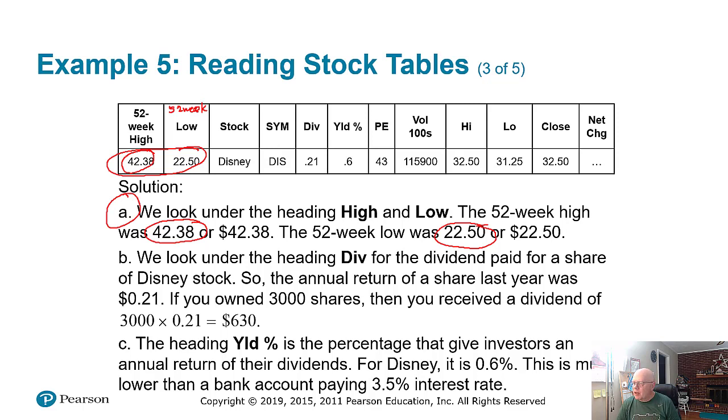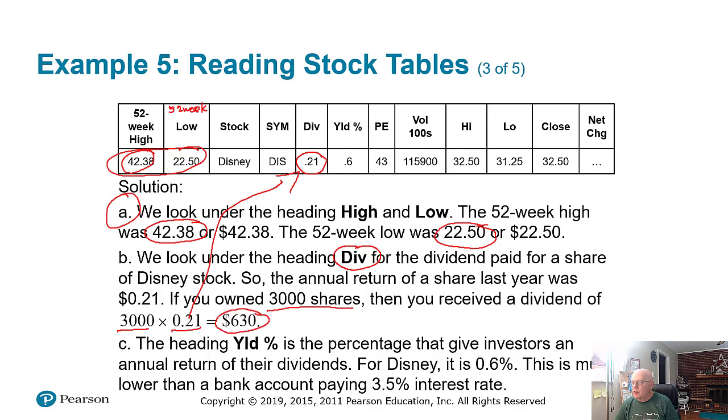Next, we want to look under the dividend part. Well, the dividends say 0.21, that's 21 cents, and that's per share of that particular stock, Disney stock in this case. So if you had 3,000 shares, you'd have 3,000 times the 0.21 that you see up here, and you would get a dividend of $630.